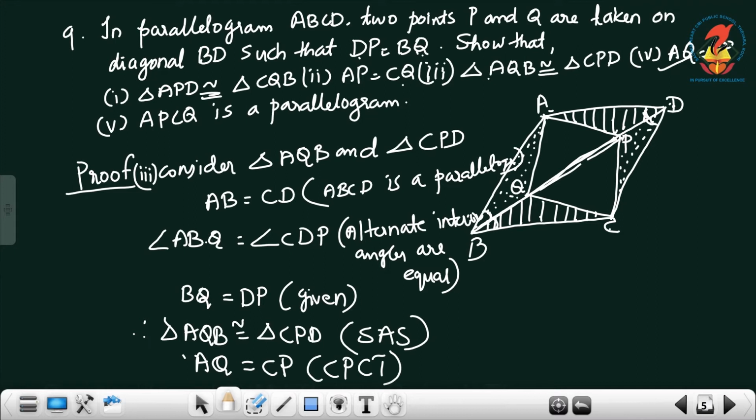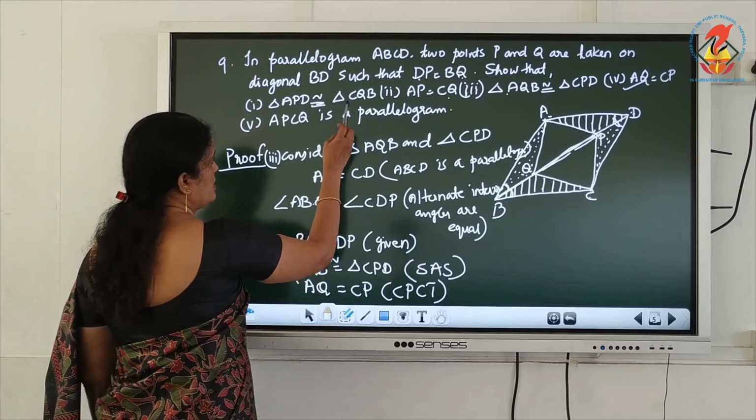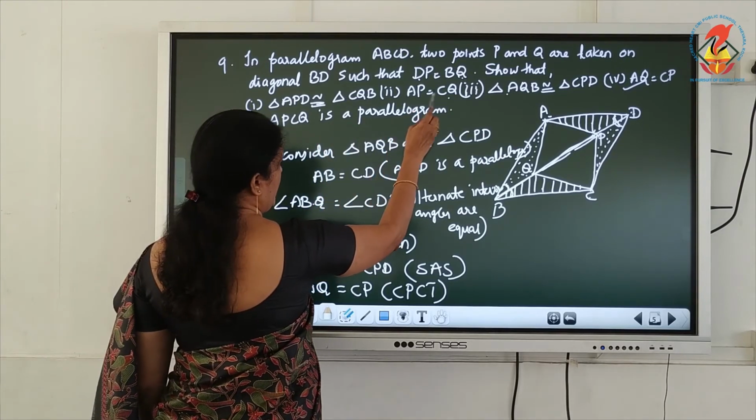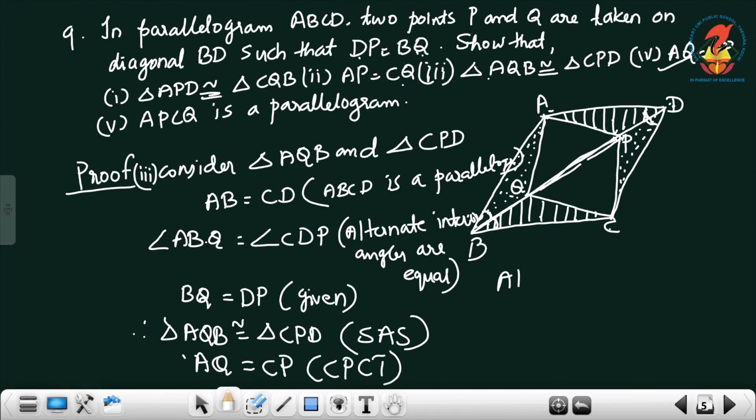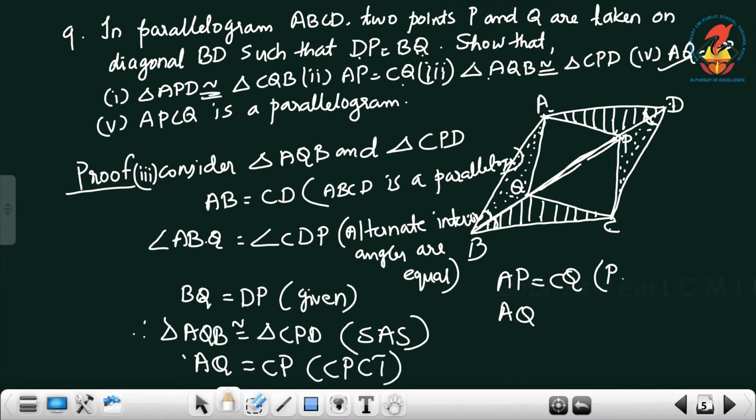This is the fourth question. AQ equal to CP. In the first triangles, we already proved that AP equal to CQ. Same thing, AQ equal to CP, proved.